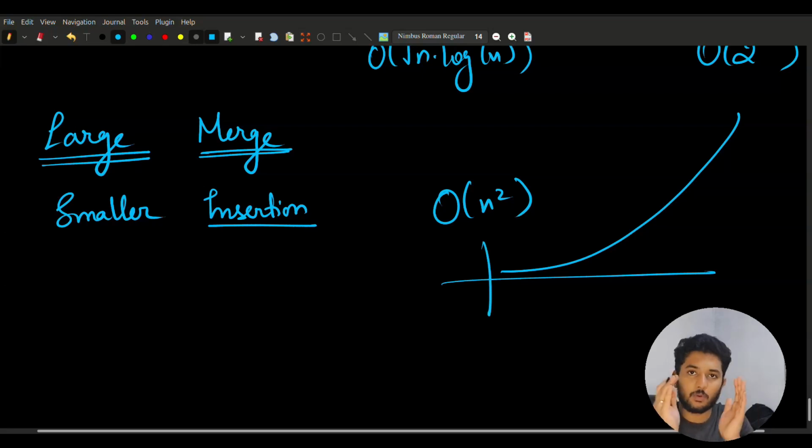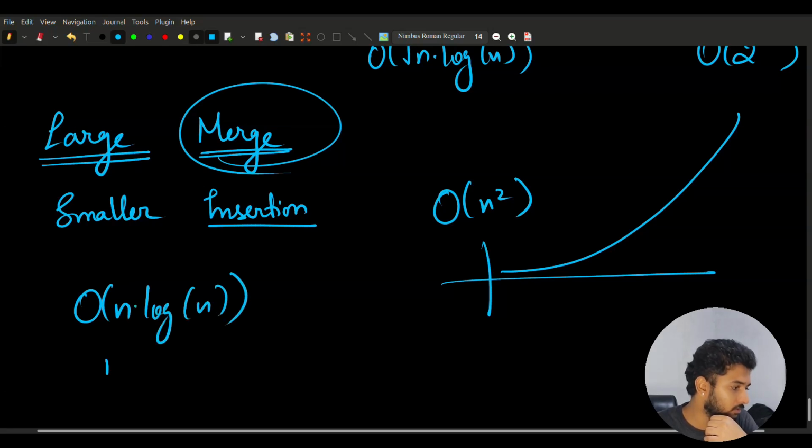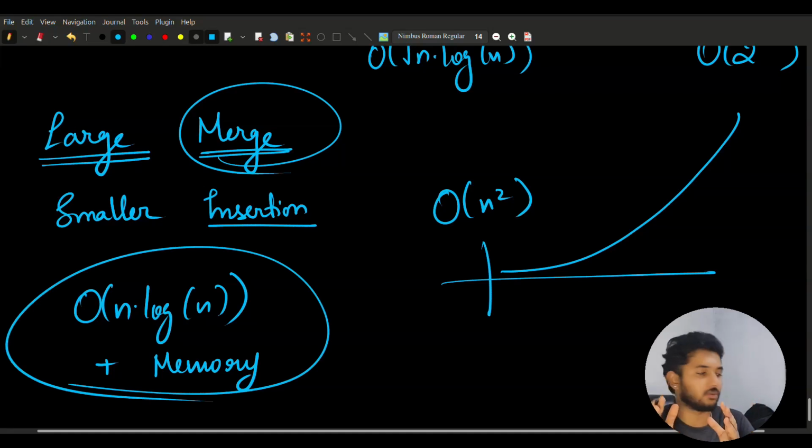But for the smaller arrays, if you are performing merge sort, merge sort also needs a stack. It also needs memory, whereas insertion sort doesn't need any memory. Merge sort needs memory because it uses the recursive stack. So along with O(n log n) time complexity, it also uses memory. So this is a trade-off between insertion sort and merge sort.